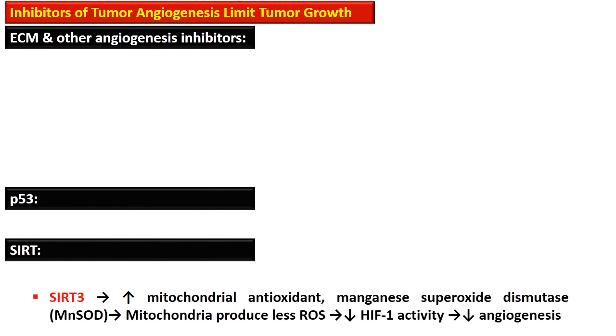This produces less reactive oxygen species, and when there is less reactive oxygen species stress on the cell, hypoxia-inducible factor 1 activity is decreased. We have seen that hypoxia-inducible factor is responsible for angiogenesis. When it is decreased in concentration, angiogenesis is also inhibited.